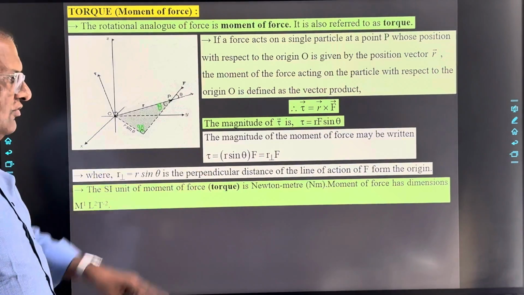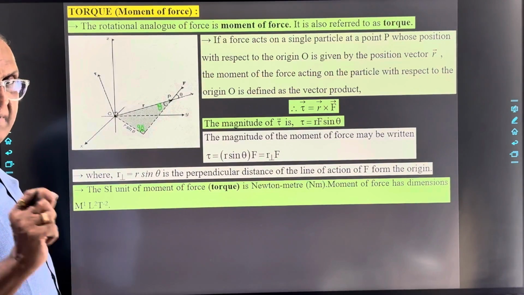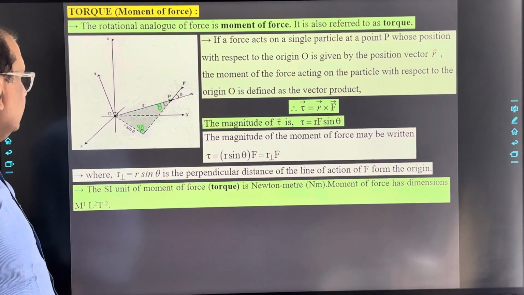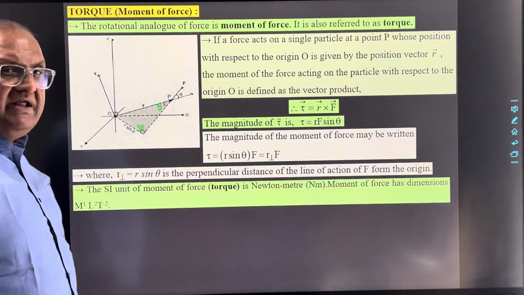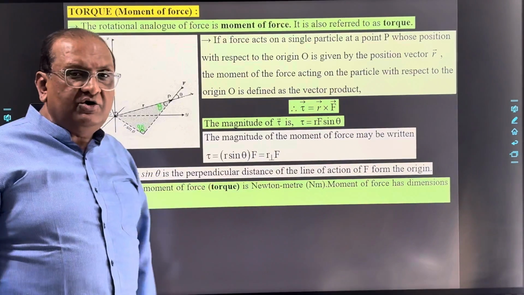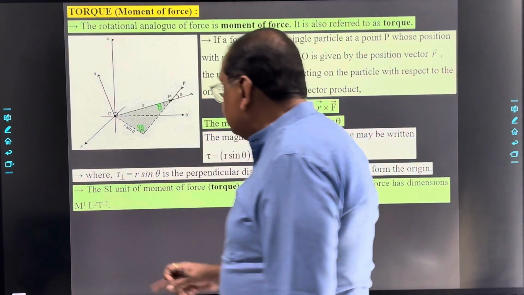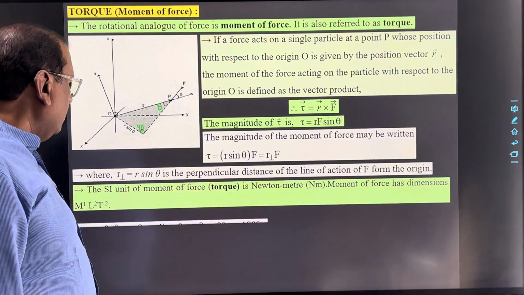It is also known as moment of force. So remember this word also, moment of force and torque are one and the same thing. So the dimensional formula will be M1 L2 T minus 2, because Newton meter is represented as joule also. So the dimensional formula is like work. Clear to all of you?